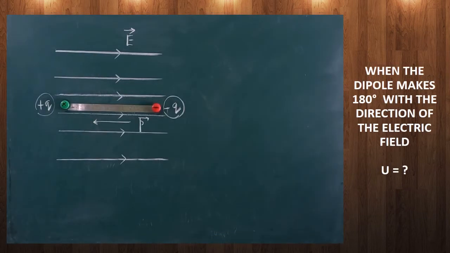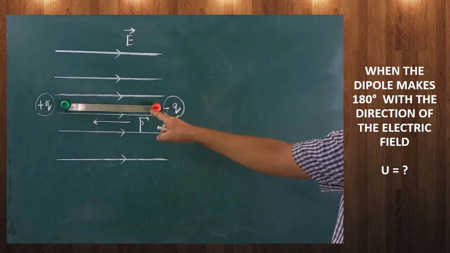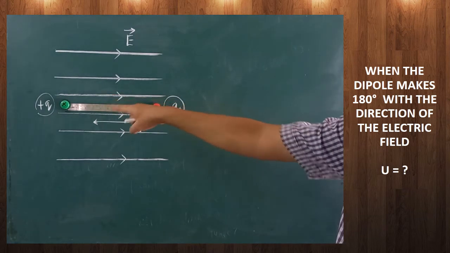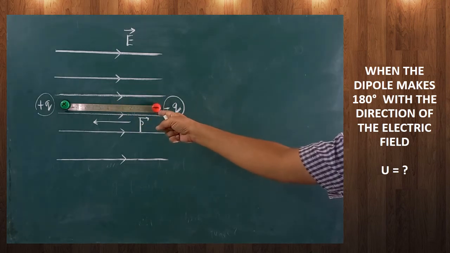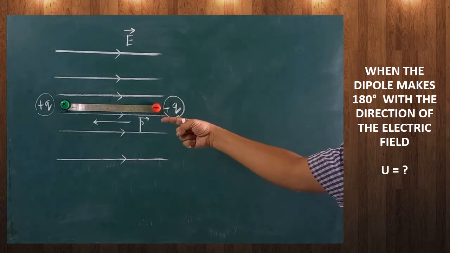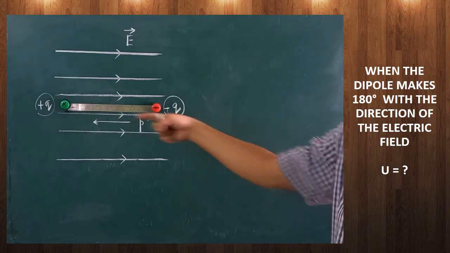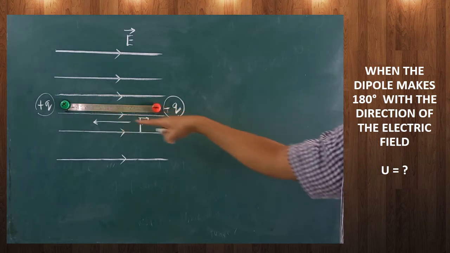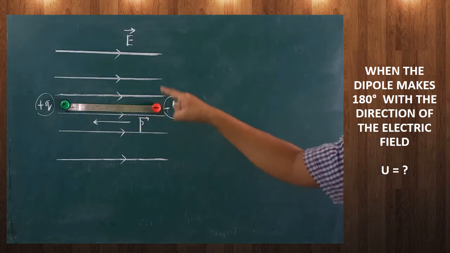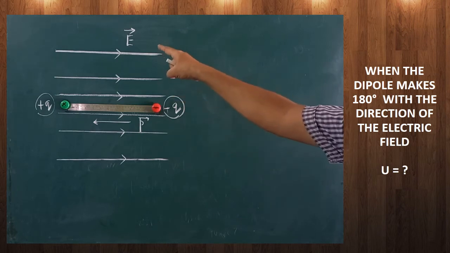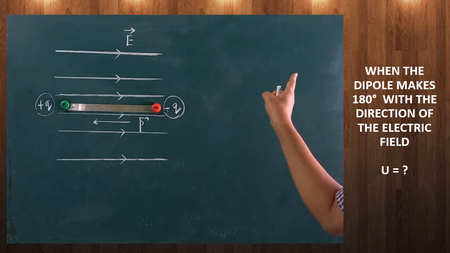Now we are going to learn the third case. Look at how the dipole is being placed. Here plus q is there, and here minus q is there. Therefore, the dipole moment will be acting from minus q to plus q. This is the direction of the dipole moment. But the electric field vector E is acting in this direction.